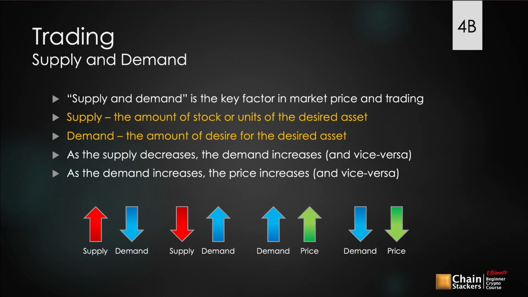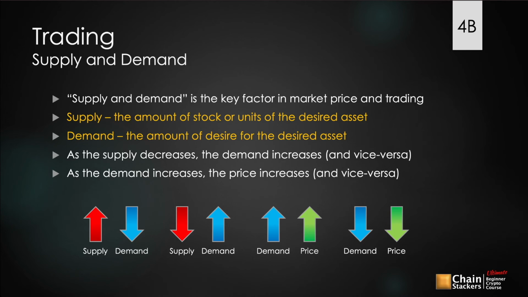There's only 21 million, a little less than 21 million ever going to be in existence. So that means the price will continue to go up and up and up because there's going to be no more supply. So the only thing that will go up is the price. If you can't add any more supply, then you have to increase the price. That's how it works.